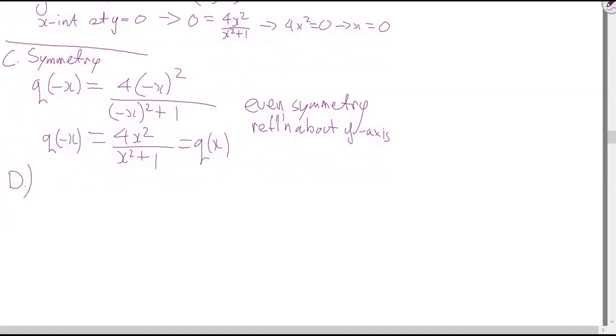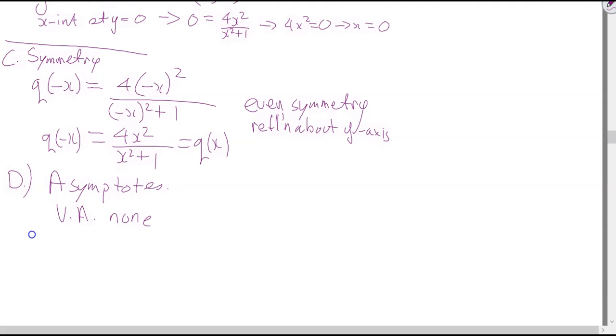What's D? Asymptotes. Any vertical? No, the domain's all real numbers. You can't have a vertical asymptote. Horizontal. Oh, we got to do work.